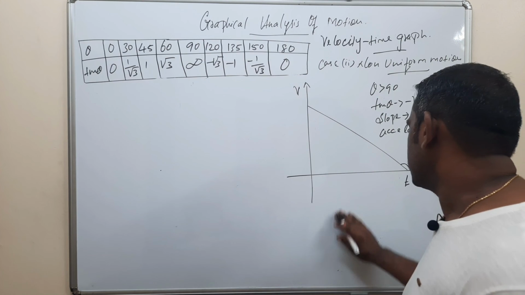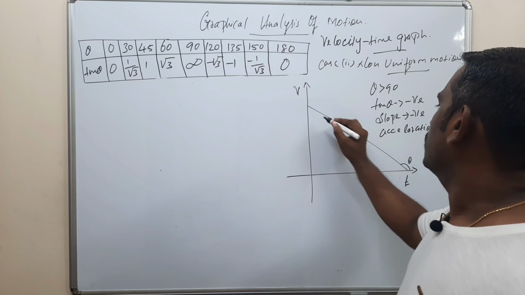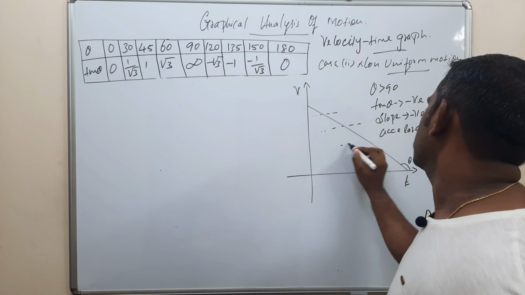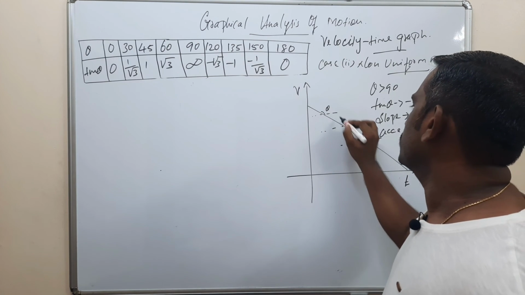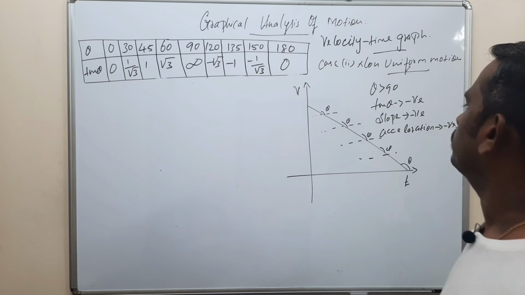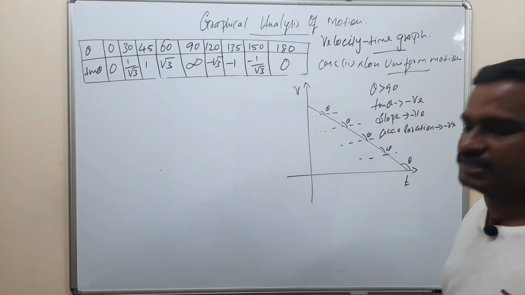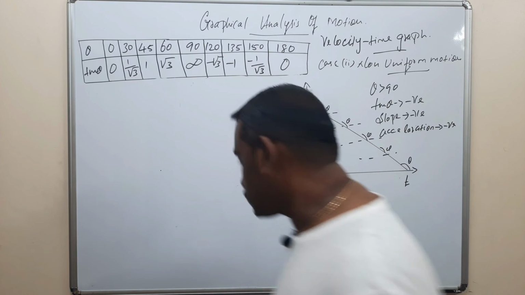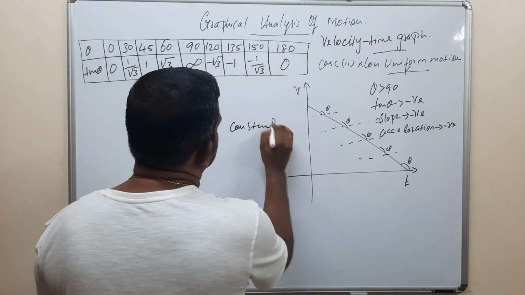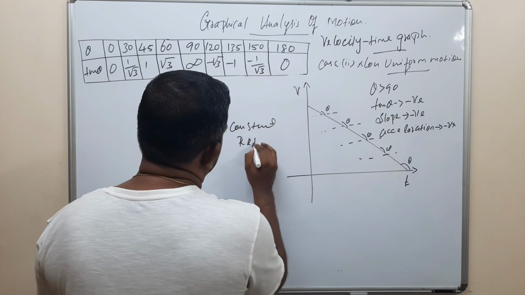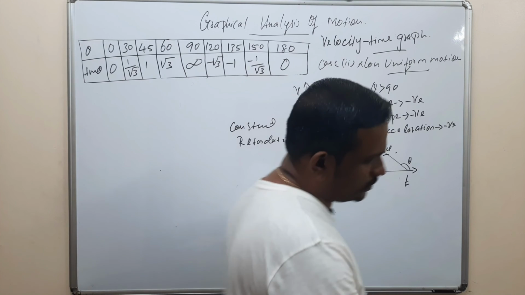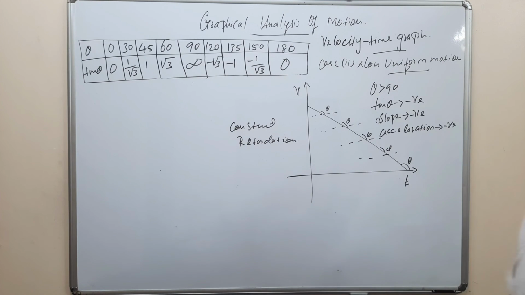If you find the slope at each and every point, the slope is constant, so acceleration is also constant. So it is constant retardation.